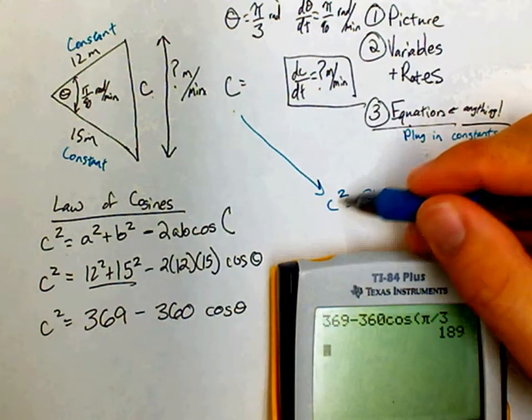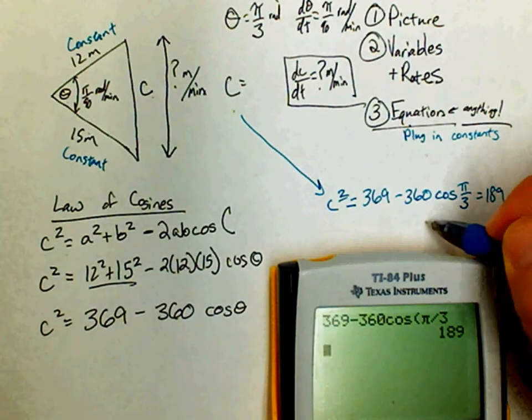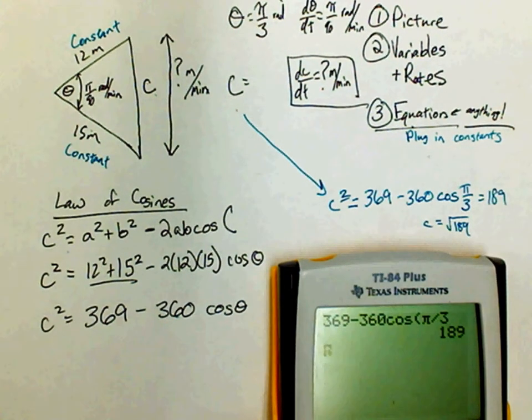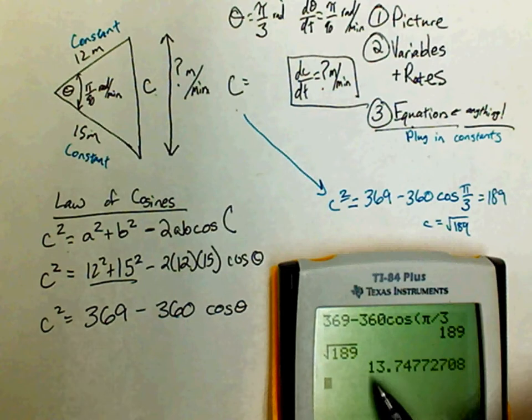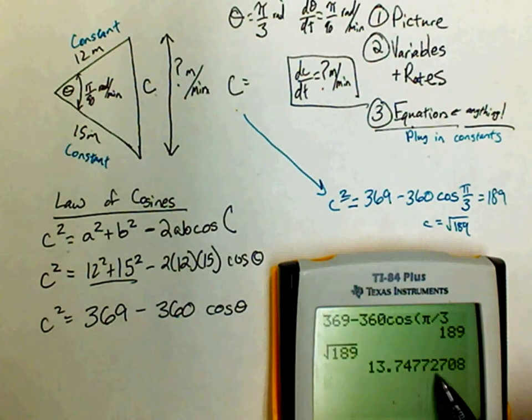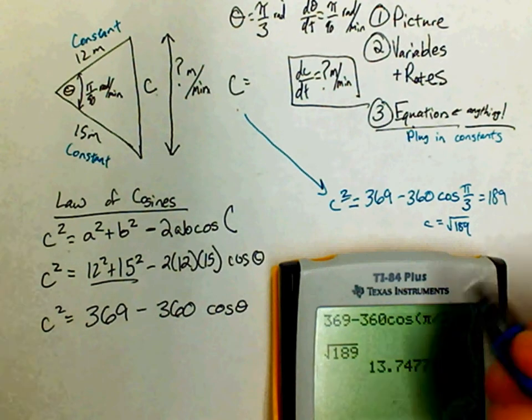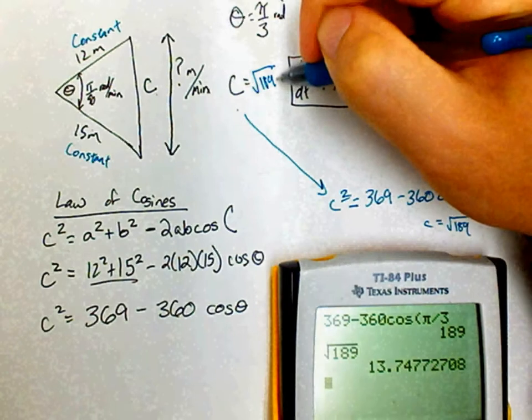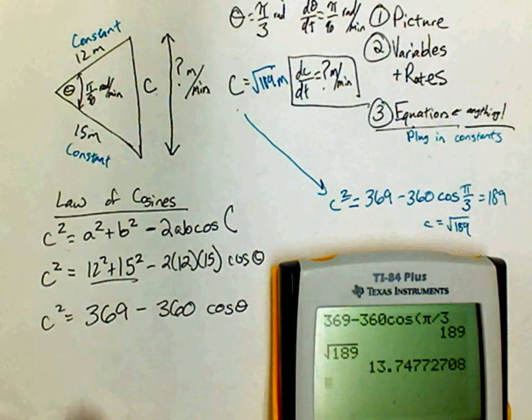That's c squared. So c is going to be the square root of 189. The square root of 189 is 13.74772708. I don't want to deal with that. Let's leave it as the square root of 189. I can always get something different if I need it. Square root of 189 works fine for me.